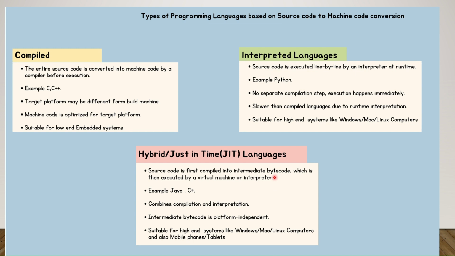That interpreter, when you run on the target platform, converts it into machine code instructions. It is suitable for mobile phones, tablets, and Windows, but not suitable for low-end embedded systems.